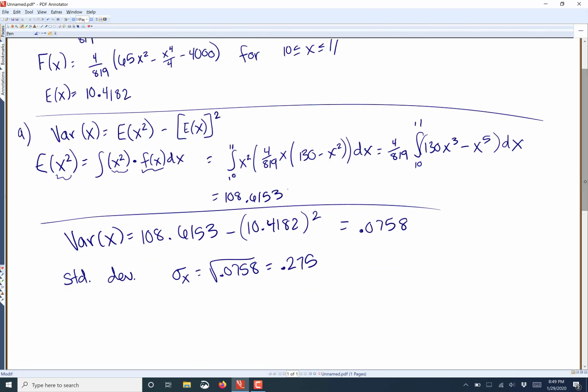Now, part B says find the median. Well, actually, no, it doesn't say that. It says, what is the 80th percentile?